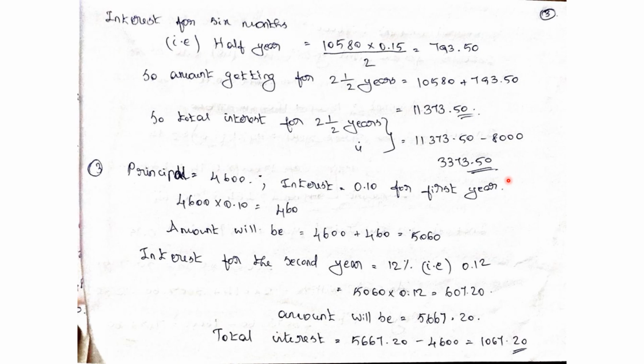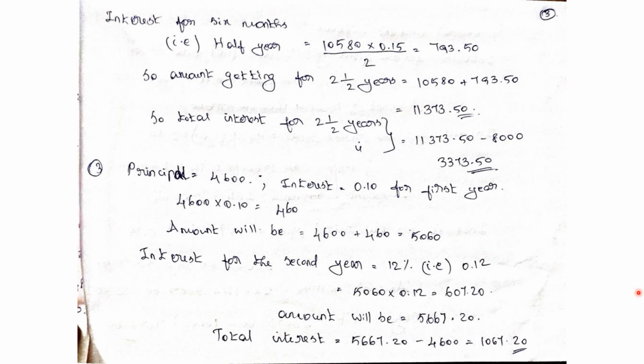Next, third sum. Calculate the amount and the compound interest on rupees 4,600 in 2 years, when the rates of interest for successive years are 10% and 12% respectively. Actually, the rate of interest is varying here. For the first year it is 10%, that is 0.10.